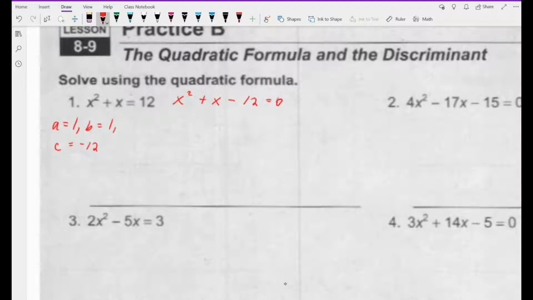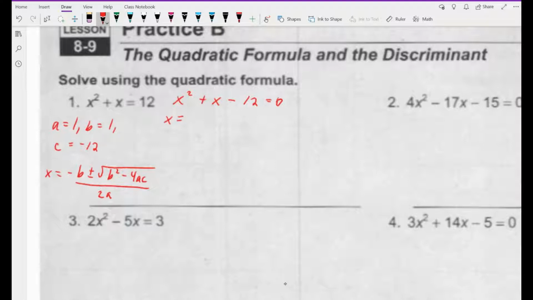We can now use the quadratic formula. I'm just going to write it out here just so we don't have to write it out each time. The quadratic formula is x equals negative b plus or minus the discriminant, which is the square root of b squared minus 4ac, all over 2a.